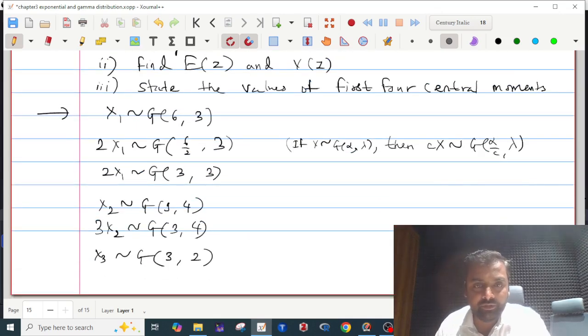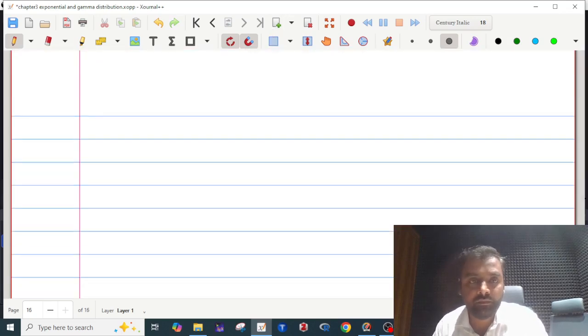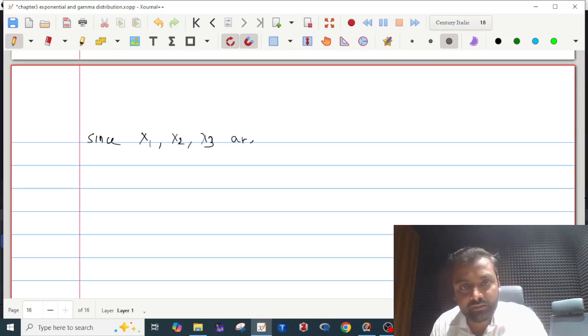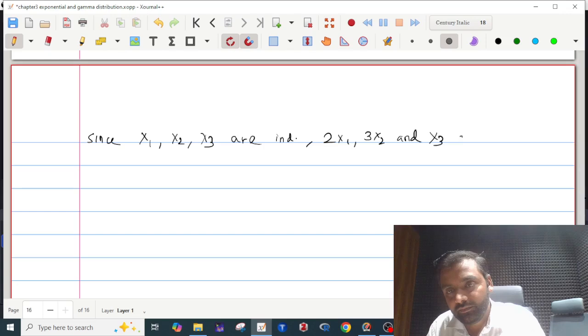Okay. Now by additive property, since x1, x2, x3 are independent, 2x1, 3x2 and x3 are also independent.